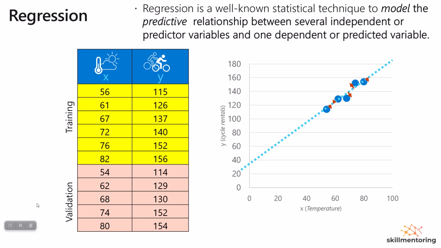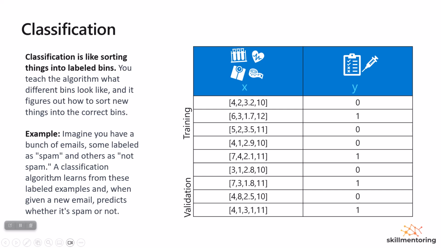The other type of algorithm is the classification algorithm, in which we can see that there is an X and Y variable, and in Y we are predicting whether that person is at risk of diabetes or not. In the X column you can see several values of X, 4 to 3.2, 10.